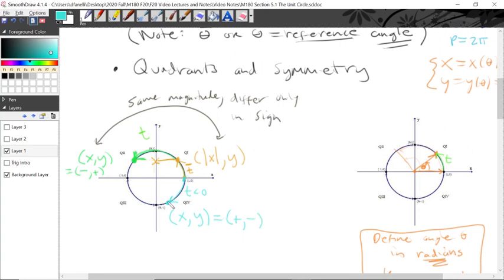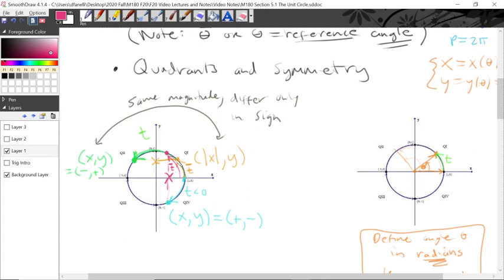By a reflective symmetry, in this case through the x-axis, there would be a point back in quadrant 1, such that there would have been a reference distance that we could call t bar here in this magenta color.